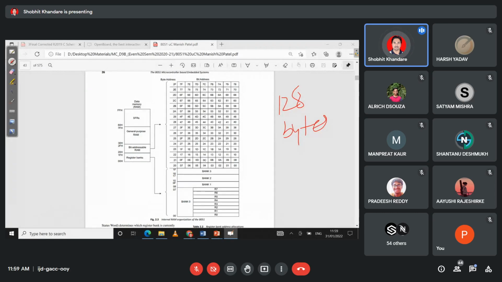If I ask you the question, your internal RAM is of 128 bytes, and the question is open to everyone: tell me the starting address and tell me the ending address to cover all these 128 bytes, what is your answer?